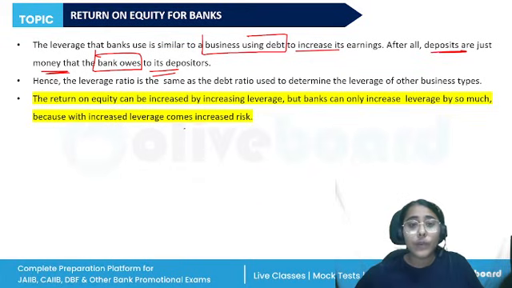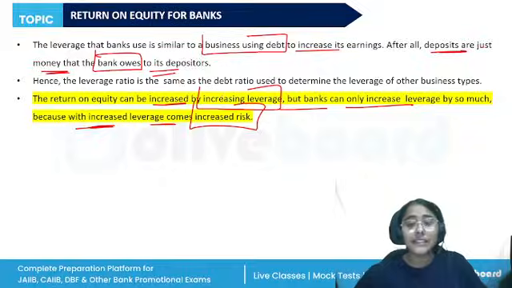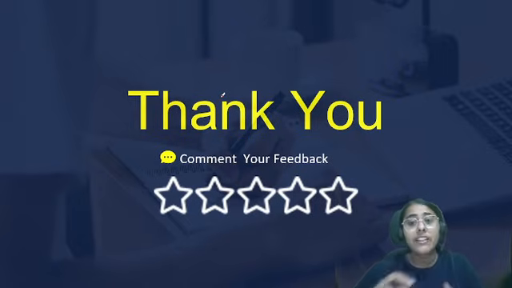So the return on equity can be increased by increasing the leverage, but banks can only increase leverage by so much because with increased leverage comes increased risk. That is why even the RBI restricts the amount of leverage. Typically, the normal leverage ratio is about 10 to 12.